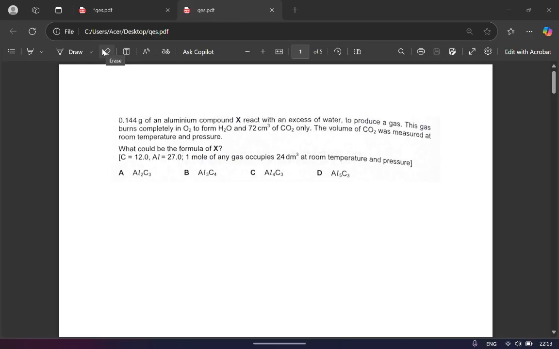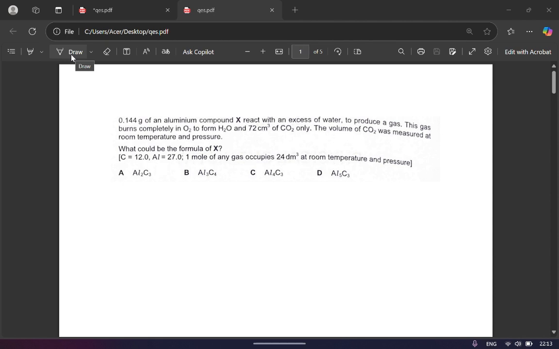So now let's go through some real exam questions, particularly paper 1 questions, since they are mostly complicated when it comes to stoichiometric questions. A very important thing is to always write a balanced equation, or at least to try to write a balanced equation, to just see what data we're given.